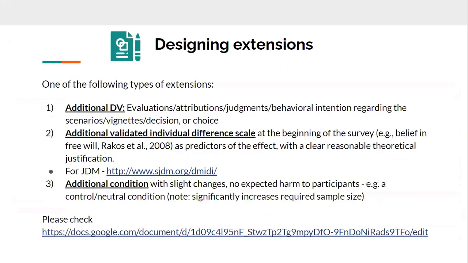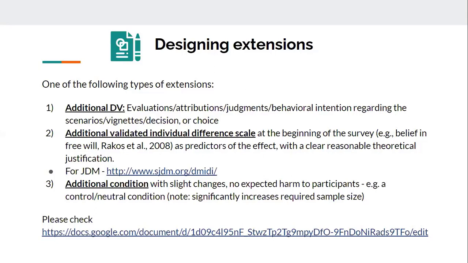So now we move on to the extensions. By extensions, I mean that you add something to the replication, and adding something to a replication can have important implications for better understanding of the phenomenon you want to investigate. It doesn't need to be super large. It can be just small changes, but small changes can be meaningful.